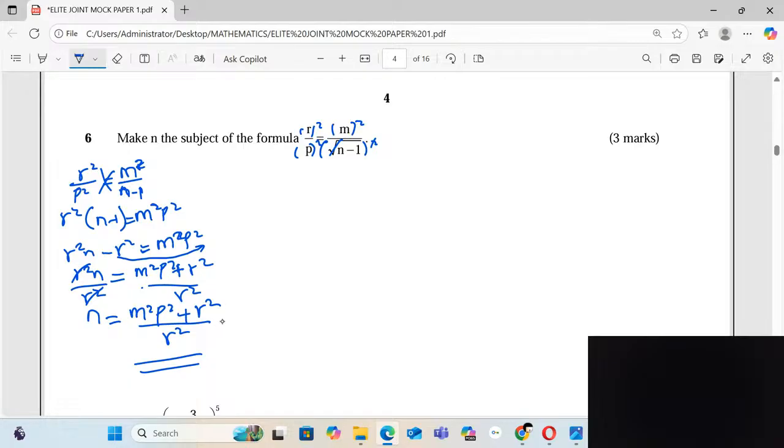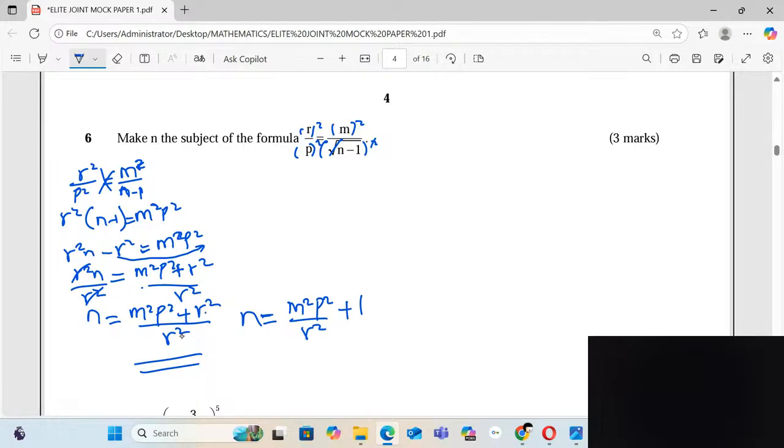To simplify further, n will be equal to, whereby you separately put over r squared, so that this r squared cancels with 1 and you remain with 1. So you get m squared p squared over r squared plus 1.